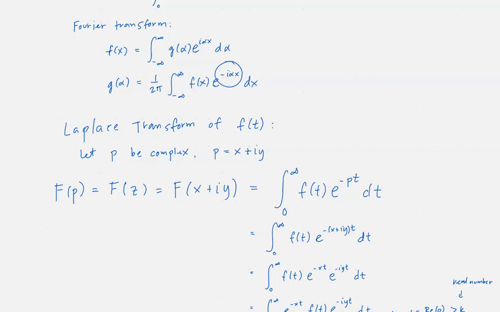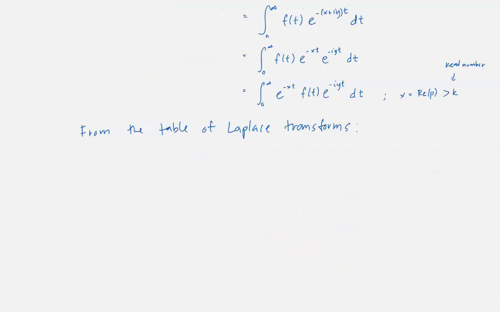So with that in mind, we can actually have some function phi of t, which is equal to e raised to negative xt f of t. Now this is equal to e raised to negative xt f of t if t is greater than 0, and it is 0 if t is less than 0.